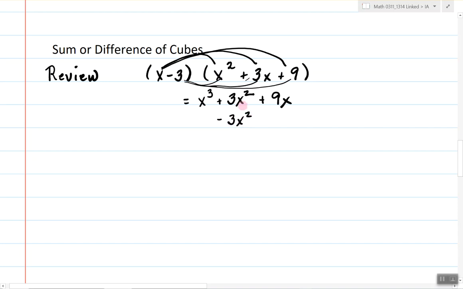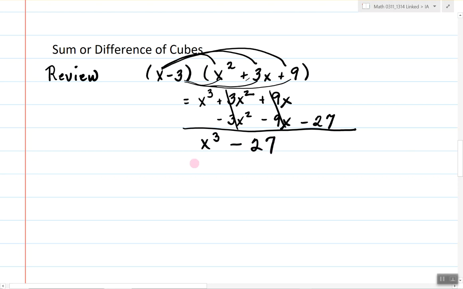I just decided to line it up here under its like term. Negative 3 times positive 3x is negative 9x. Negative 3 times positive 9 is negative 27. Because of the relationship here, those terms cancel out. You're left with x cubed and minus 27.